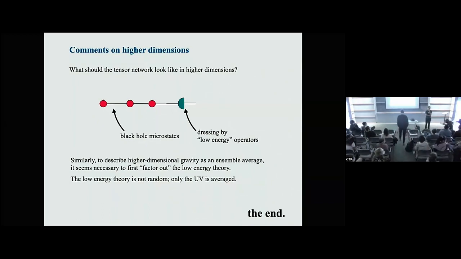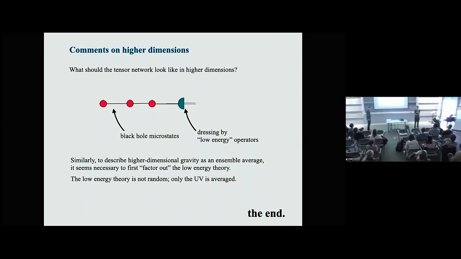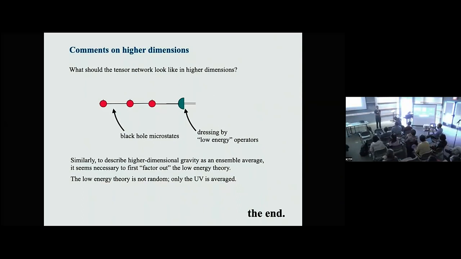Hi, can you expand a bit more on your last comment about figuring out how to apply ETH? I thought what you implied is the sense that we usually use it, right? That simple or low energy observables in high energy states are basically random. Can you say a little bit more why what you have in mind is different from the usual way? Well, I don't know if it's different from the usual one, but I do think there's something special about gravity in that there's really a distinct UV part of it. This is the part that we want to be random.